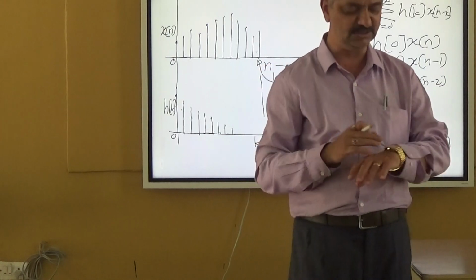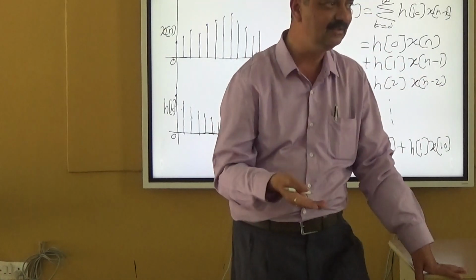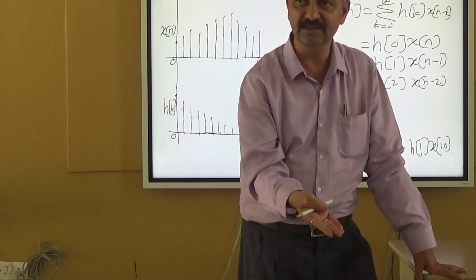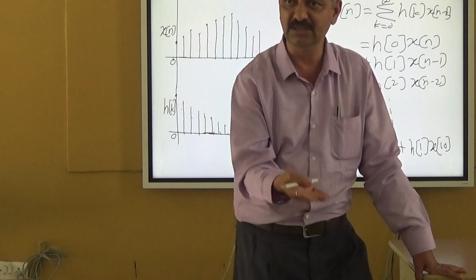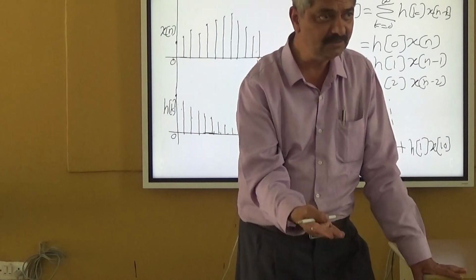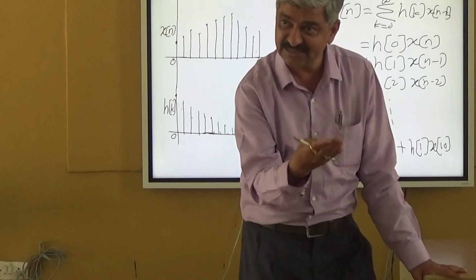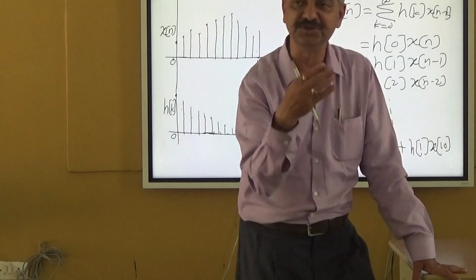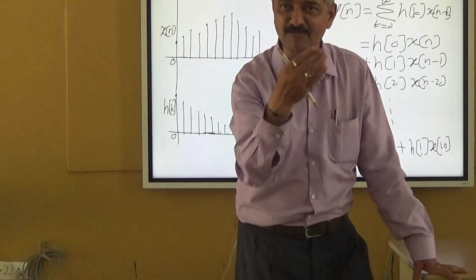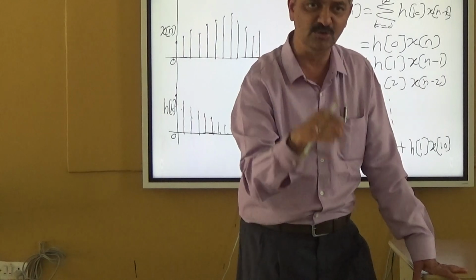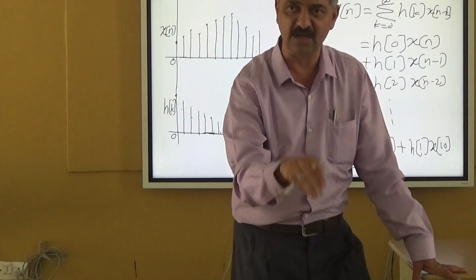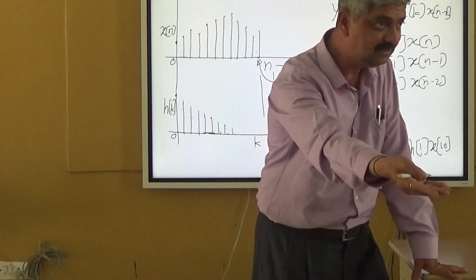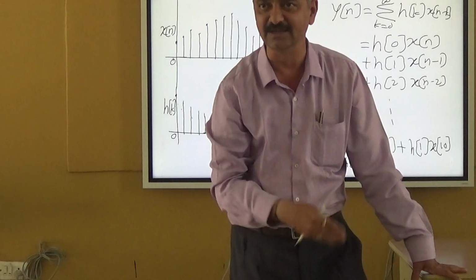So if hk is having a non-zero value for negative k, for example h of minus 3, what will it mean? h of minus 3 is the proportion with which the input that occurred minus 3 samples ago, meaning 3 samples ahead, is contributing. It will mean the proportion with which the input which is yet to occur and which will be occurring after 3 samples is contributing in the current output.